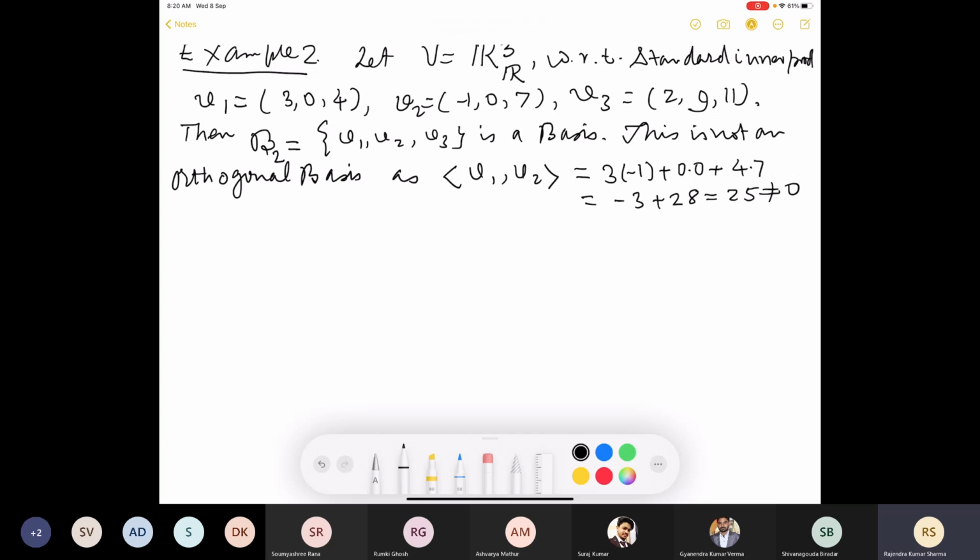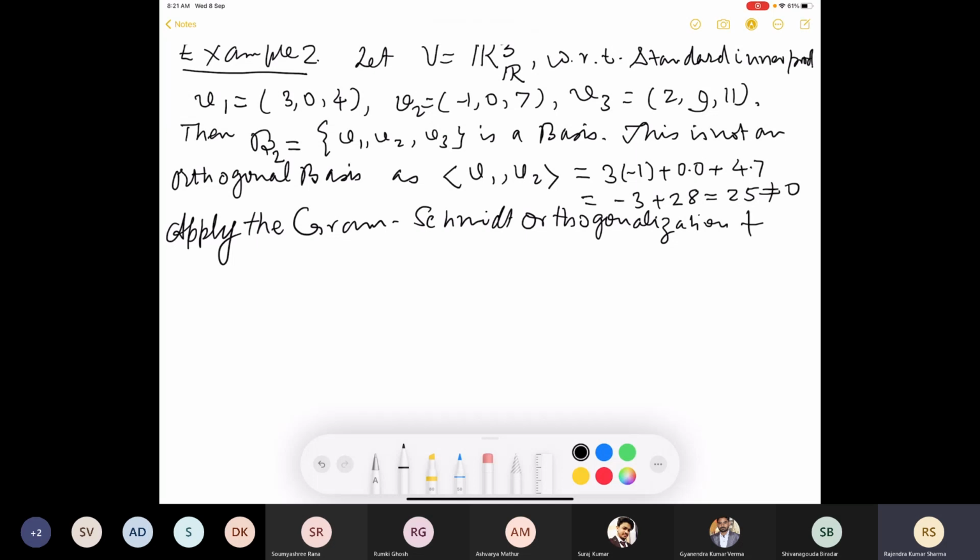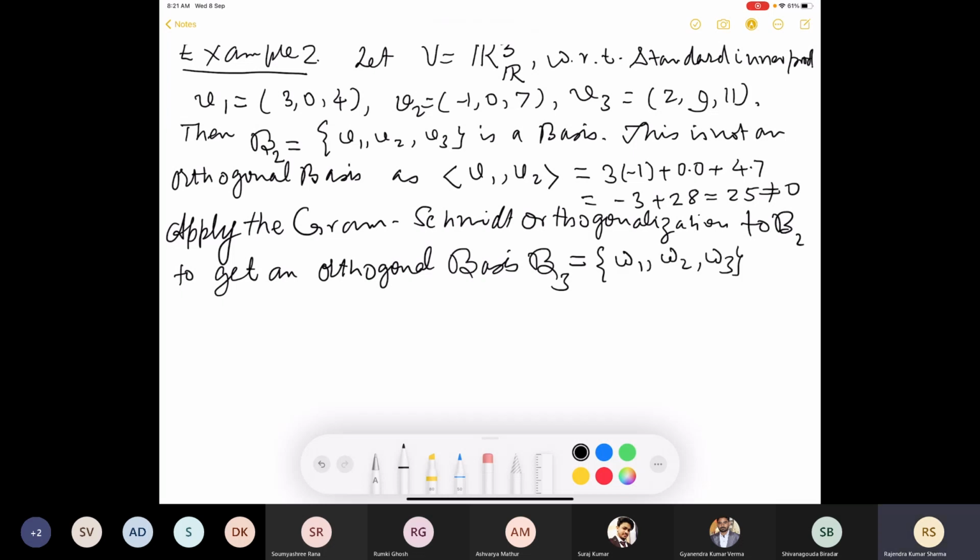All right. Now apply the Gram-Schmidt orthogonalization process to B2 to get an orthogonal basis, say B3, W1, W2, W3 for V over F. V is R3, F is R. So what you do is W1 is simply taken as V1, so this is (3, 0, 4).